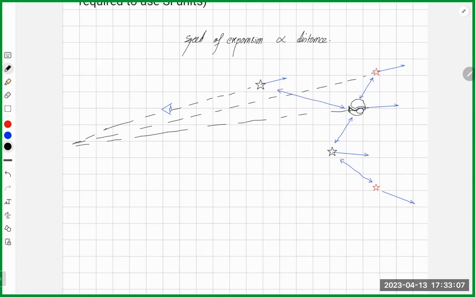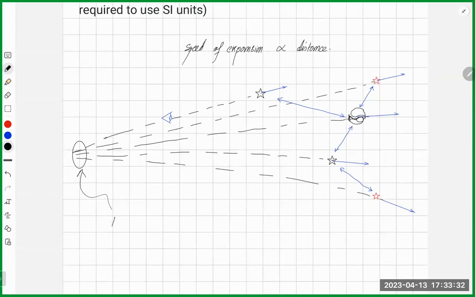And this is another strange thing. So, number one, everything is moving away. And there is another thing, that they all are moving away from a certain single point. So this is the idea of the Big Bang.